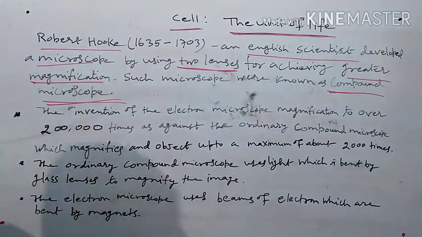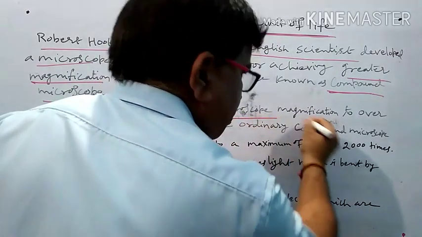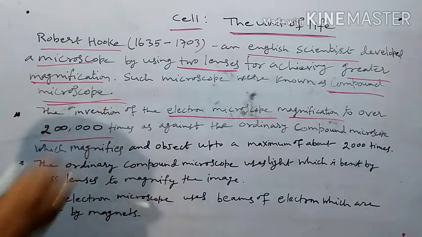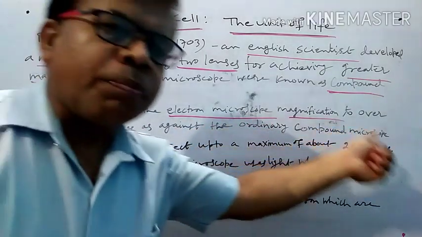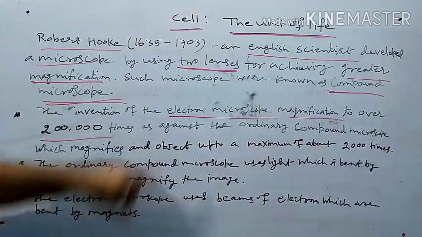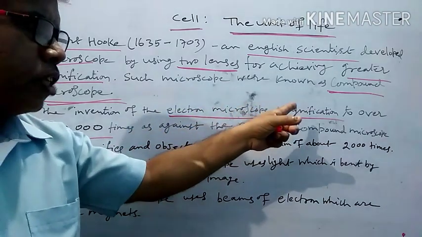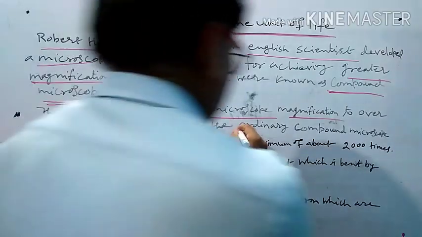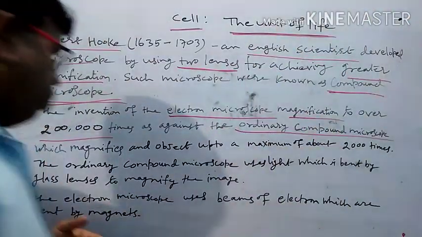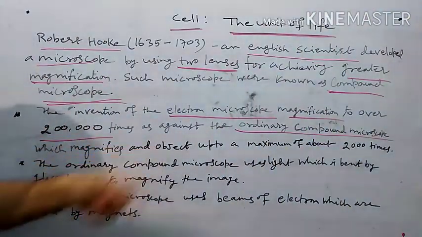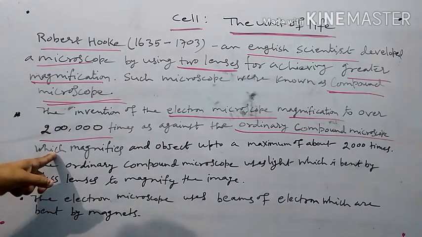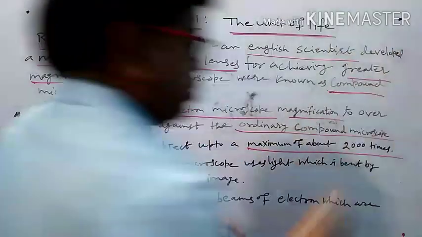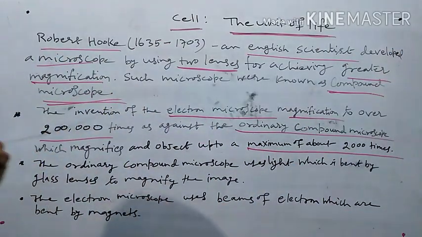The invention of the electron microscope gave magnification over 2 lakh times, compared to the ordinary compound microscope, which magnifies an object up to a maximum of about 2000 times.